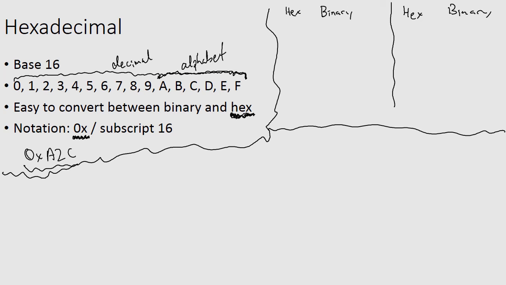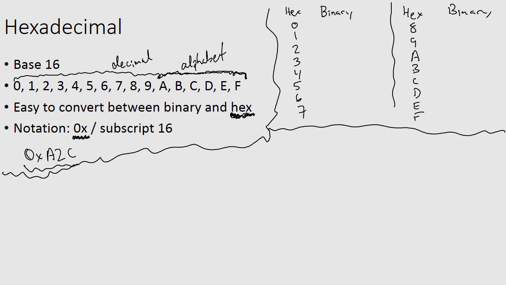Remember, we've got 16 different combinations, so hex goes from 0, 1, 2, 3, 4, 5, 6, 7, 8, 9, A, B, C, D, E, and F. And we need 4 binary digits to represent each hex digit.